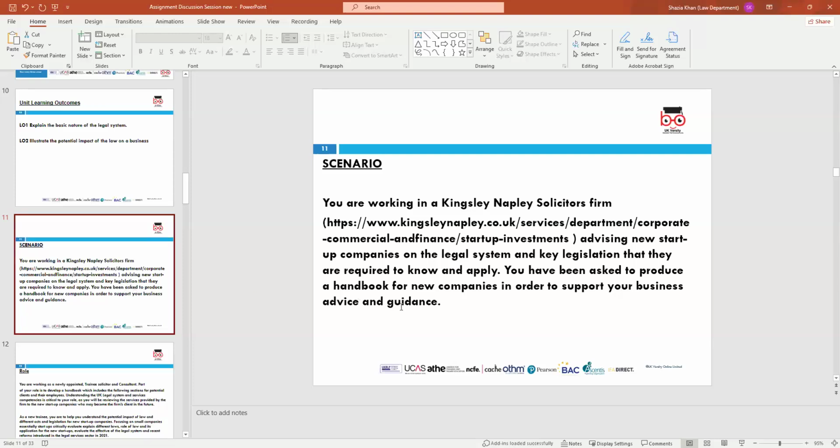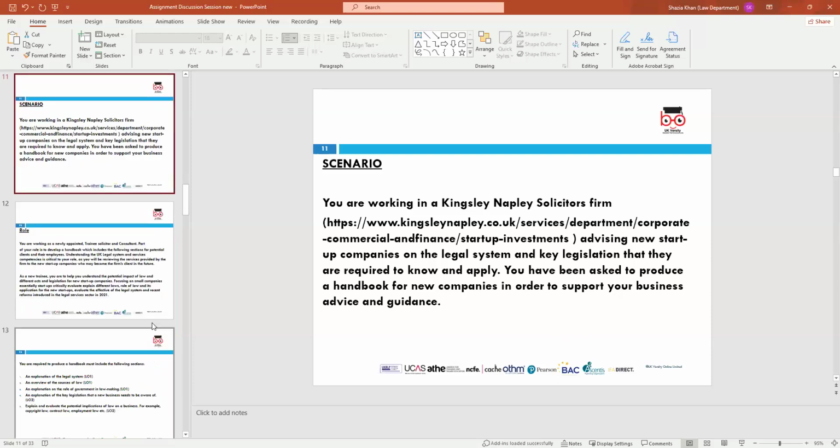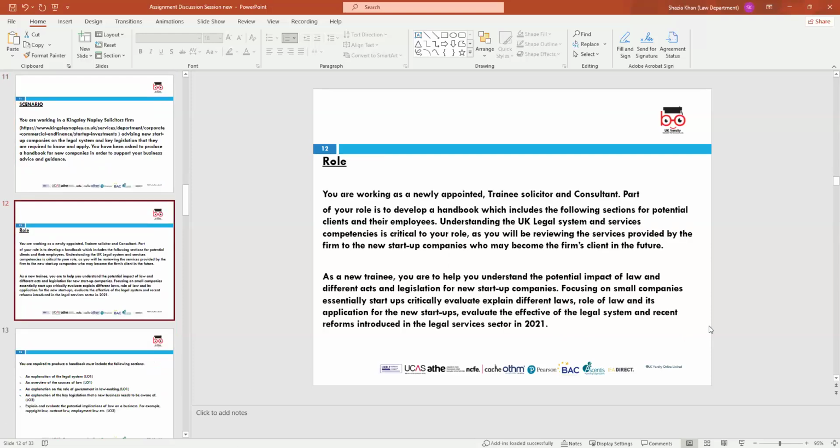You've been asked to produce a handbook for new companies in order to support their business and guidance. Your role here is you are working as a newly appointed trainee solicitor and consultant. Part of your role is to develop a handbook, which includes the following sections for potential clients and their employees.